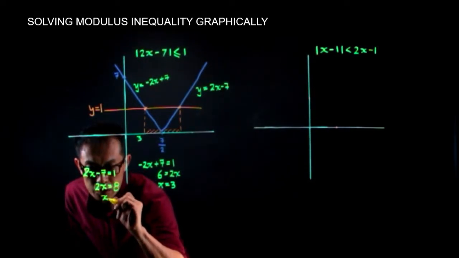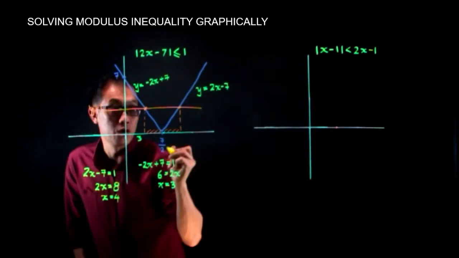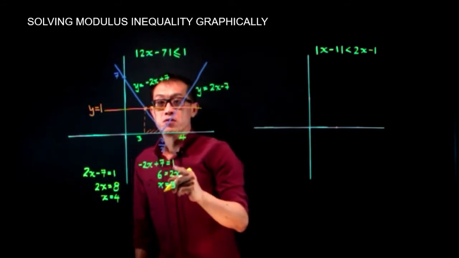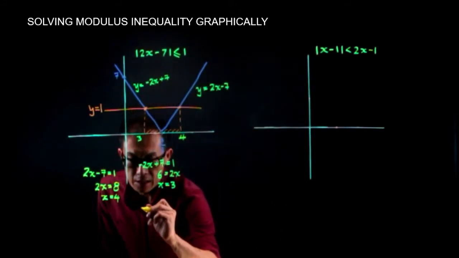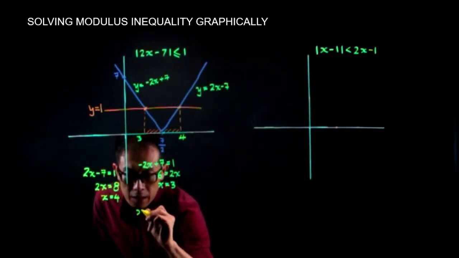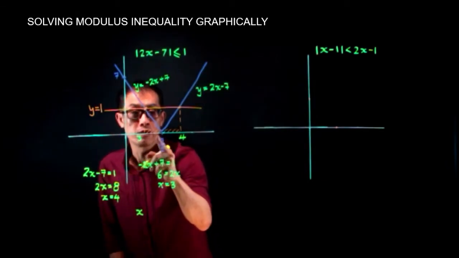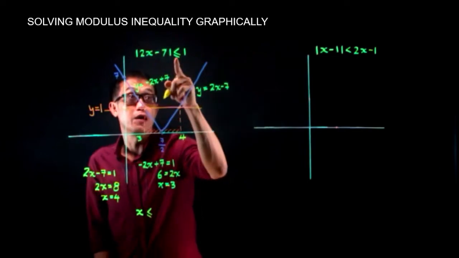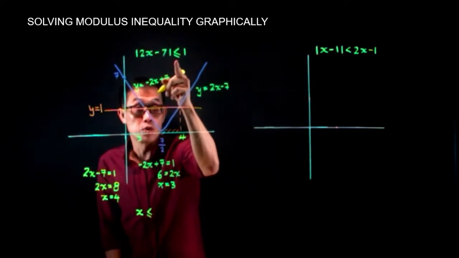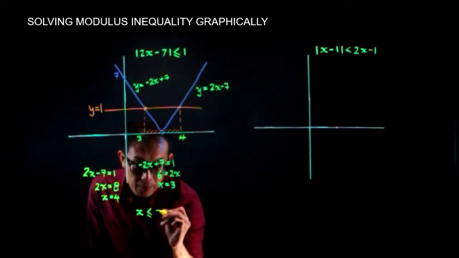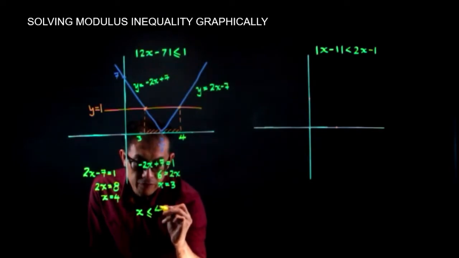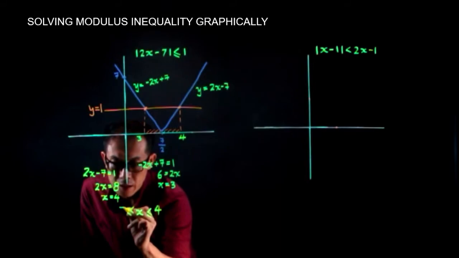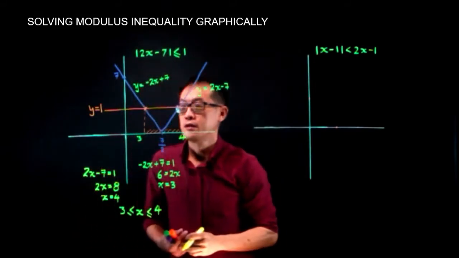So x is equal to 4. So this point is 4 over here. So your final answer will be x is in between 3 and 4 inclusive, because you have an equal sign over here. Here will be 4 and here will be 3.